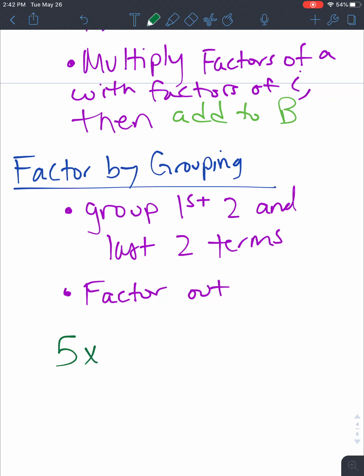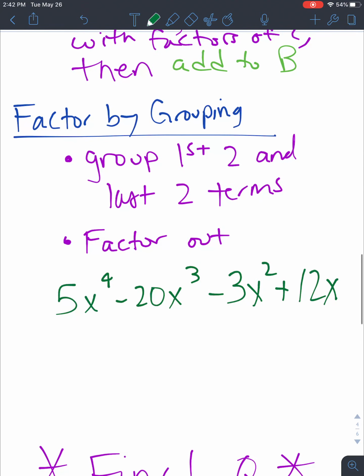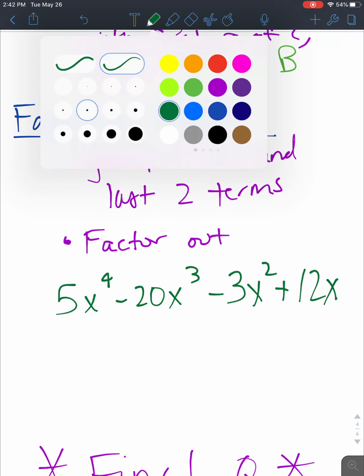So if we have 5x to the 4th minus 20x cubed minus 3x squared plus, let's say, 12x. I just made that up on the spot, which is why it took me a little bit, but that's okay.